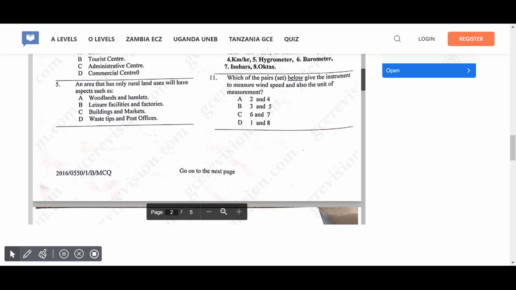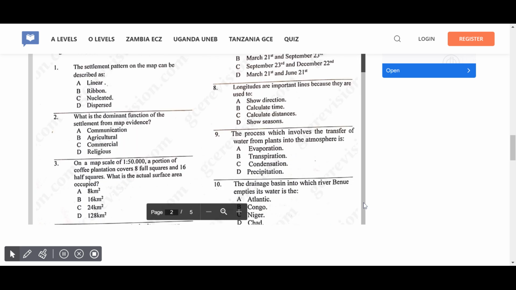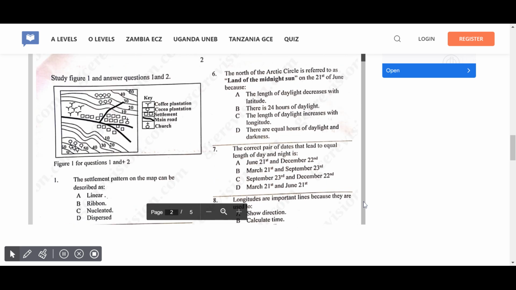The answer is A, woodlands and hamlets. Question 6.